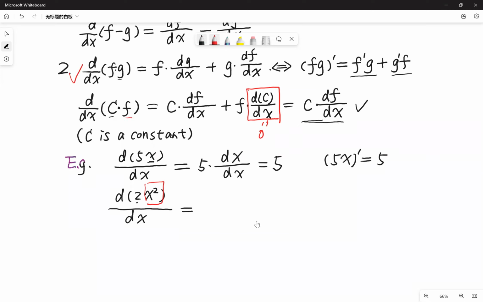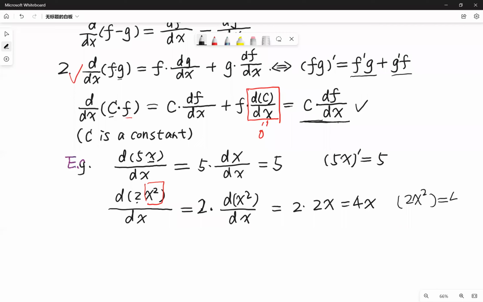Then we get this result: 2 times dx squared by dx, and dx squared by dx equals 2x, so it equals 2 times 2x equals 4x here. Also, you can get this one immediately by the formulas from last time. It's equal to 4x immediately.